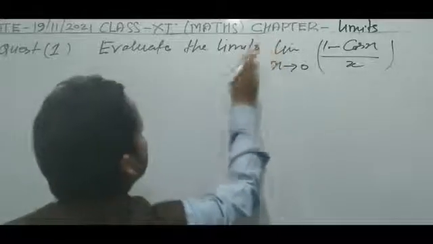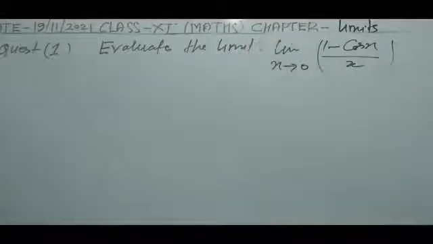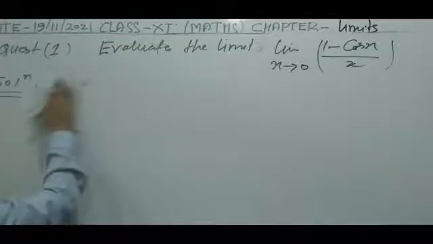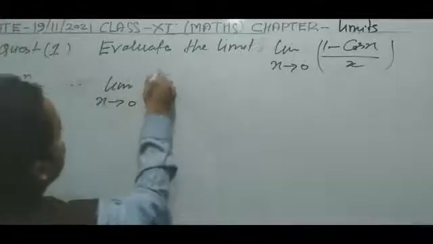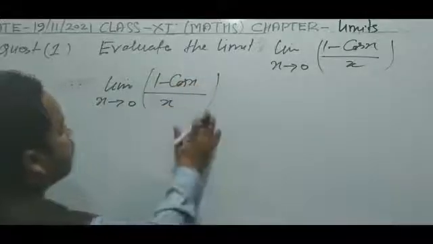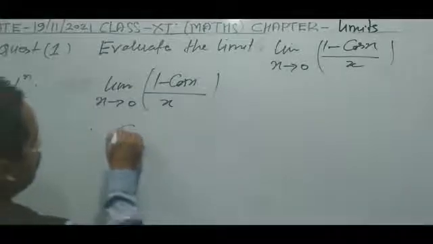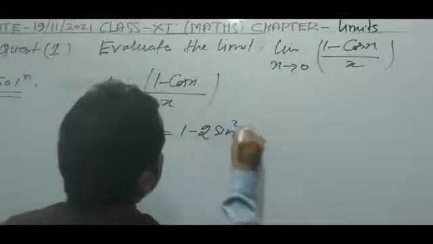First of all, we have to write the given function. So see the solution. Since limit x tends to 0, 1 minus cos x upon x, this is given. Now you know the formula. Since you know the formula, cos x formula is 1 minus 2 sine square x by 2.